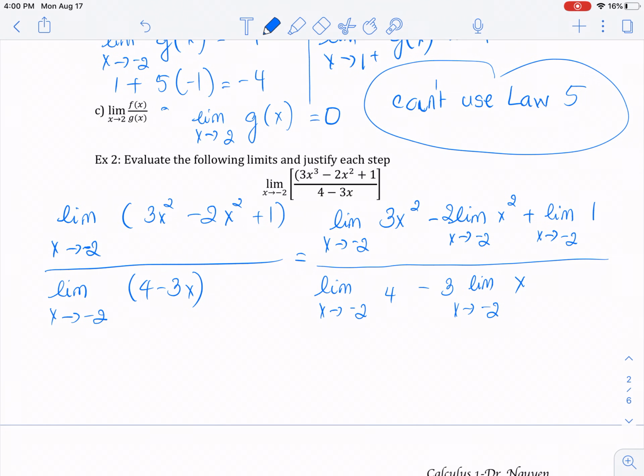And then we plug it in. And then you calculate the answer.